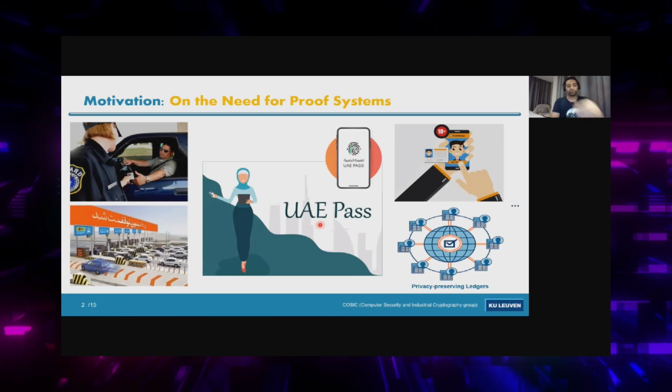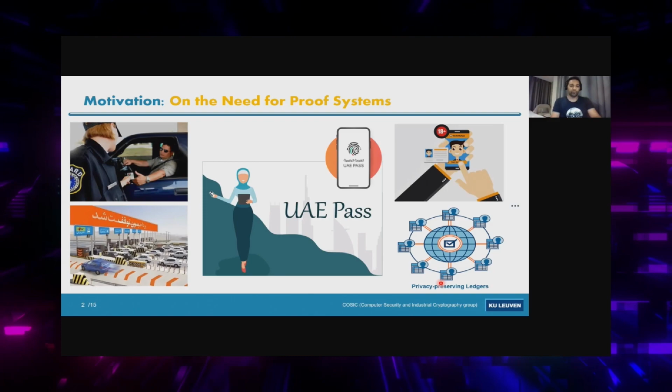Or in recent new applications like blockchains, we have privacy-preserving cryptocurrencies or smart contract systems that have privacy-preserving ledgers. We need to prove that we do the transactions or any communications correctly, but without revealing so much secret information about ourselves.